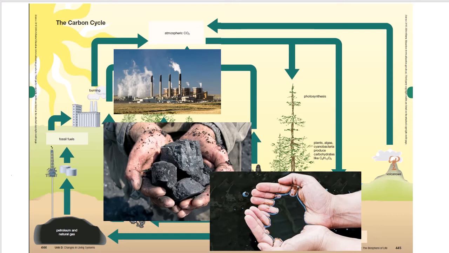But it's also problematic because what's happened over time is we've burned more and more of these fossil fuels, and that's caused the concentration of atmospheric CO2 to rise, because there aren't enough plants doing photosynthesis to take all of that extra CO2 out of the atmosphere, right?